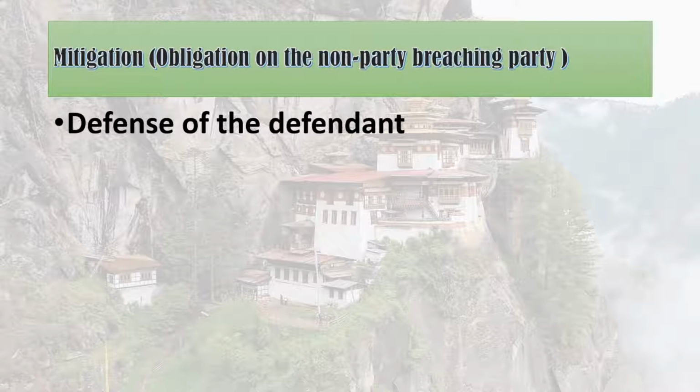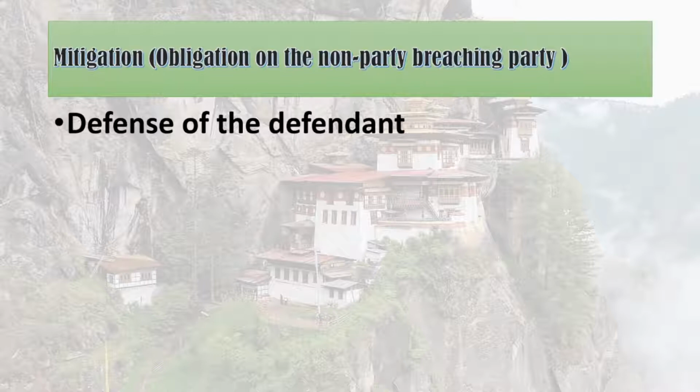Mitigation of damages, or the doctrine of avoidable consequences, is a doctrine of remedies that requires the plaintiff to take reasonable steps to avoid making the damage the plaintiff suffered any greater than need be, without diminishing the responsibility of the defendant.